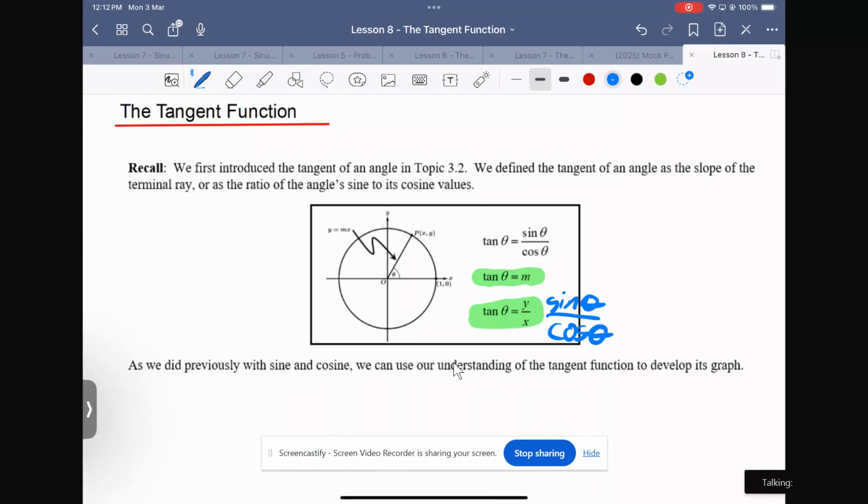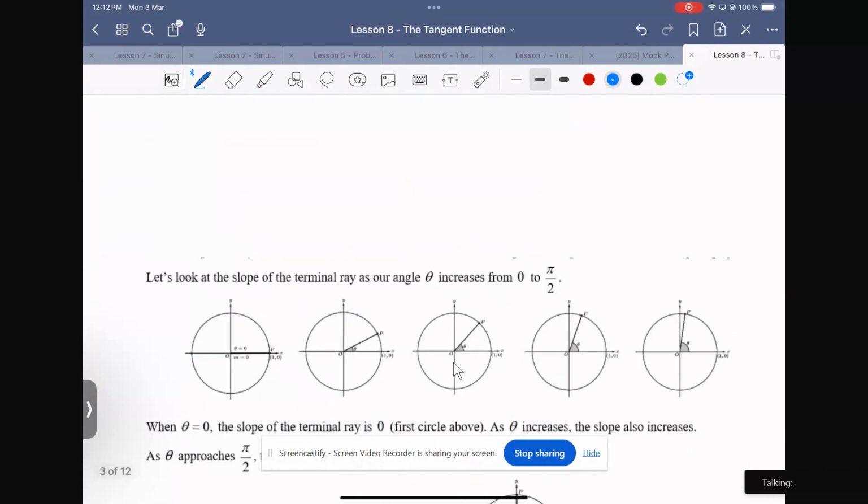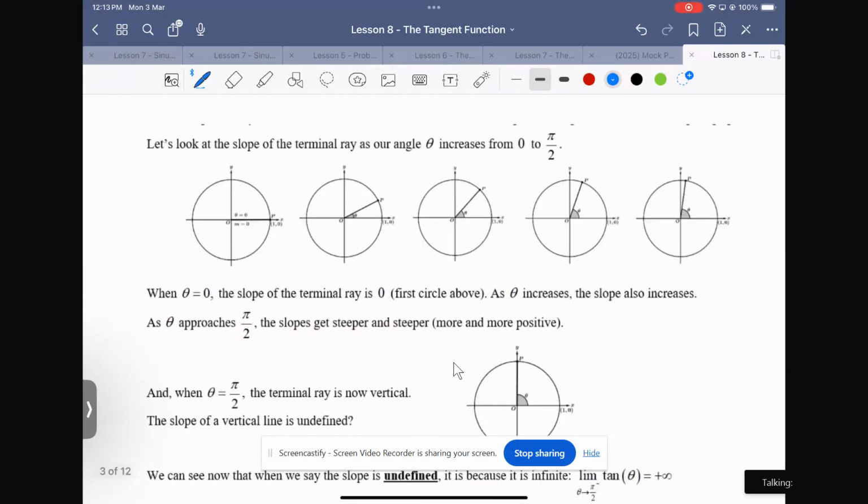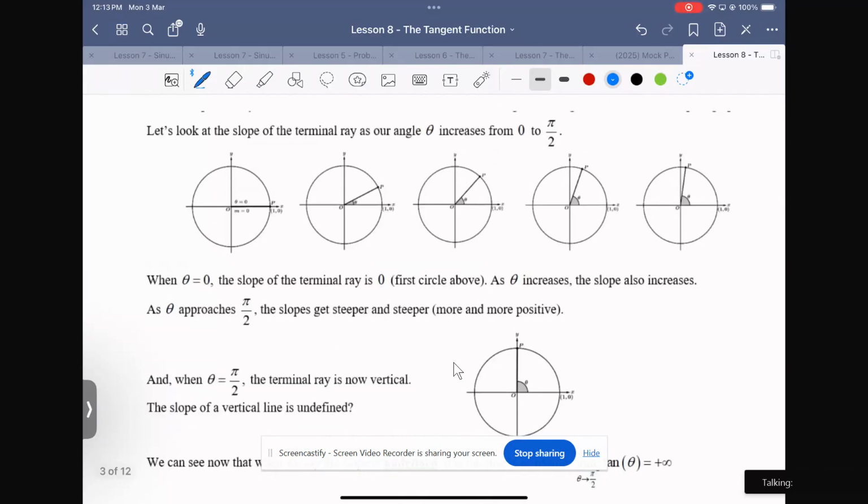So if we have a look at a few different angles, if we're increasing theta from 0 to 2 pi, what is happening with the slope? It's increasing. What does it start off at? 0. What does it end at? Undefined. So as we go up towards pi over 2 here, it's going to be undefined at that particular point.